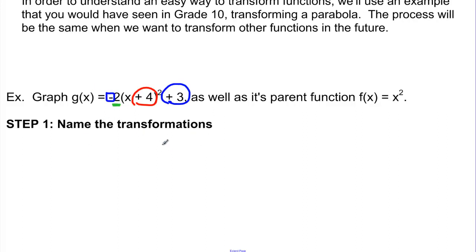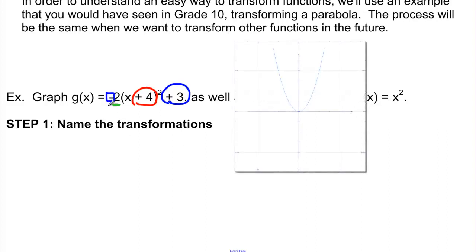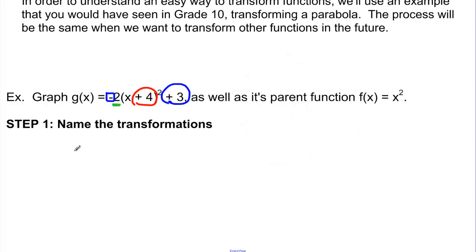So let's first start with the negative. We can remember that a parabola will face upwards if the number out in front is positive, but will face downwards if the number out in front is negative. So when it's a negative, we call it a reflection over the x-axis.